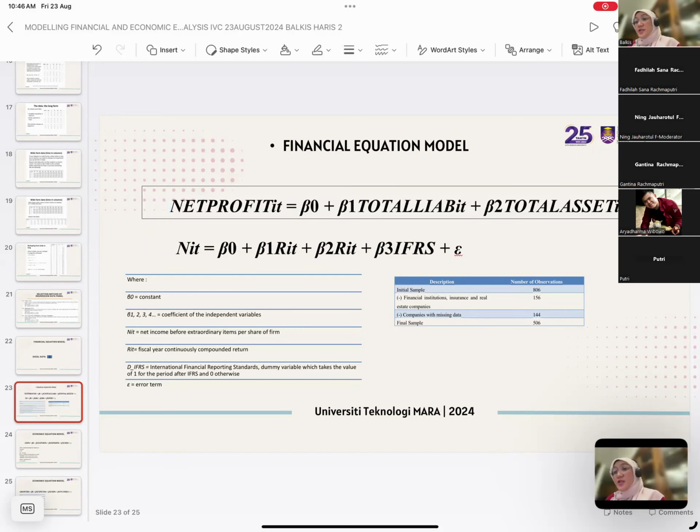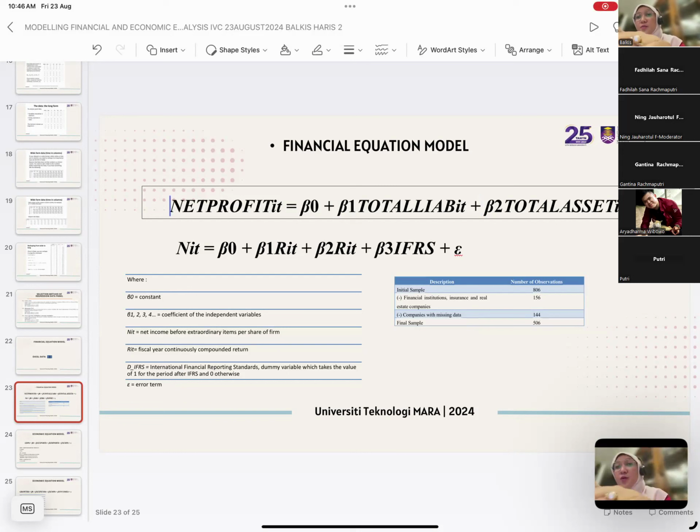If based on my literature it says negative, then I will put negative here. But because the theory says that total asset has a positive relationship with net profit, and total liabilities also has a positive relationship with net profit, hence the sign there is positive.